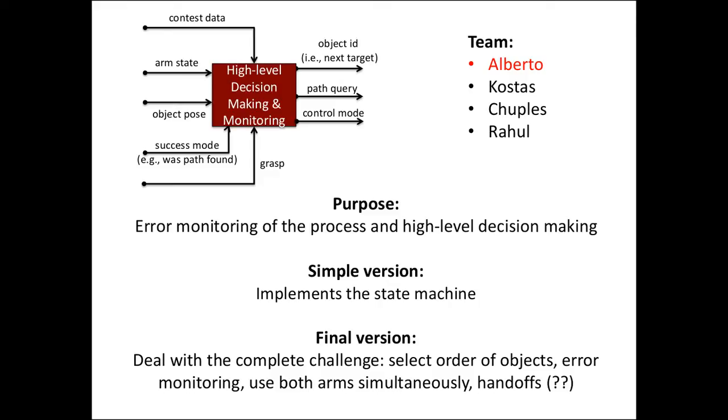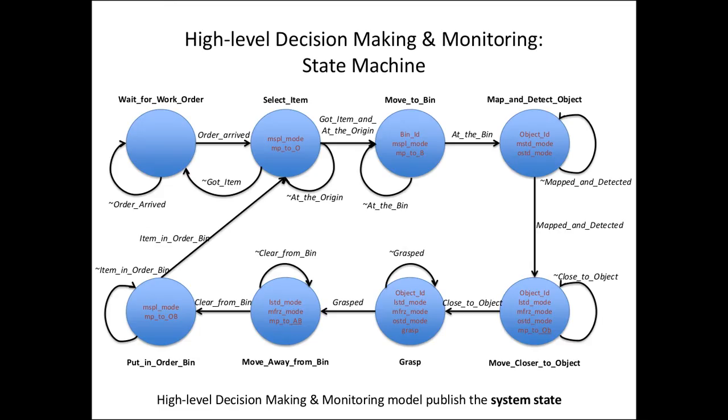Better monitoring of action. You may have noted that there is no error correction that I could add here. For example, in this state, if the localization is lost, for example, the system does not know for some reason where the arm is, it could go back to this state where it would move again in front of the bin and repeat the mapping and so on.